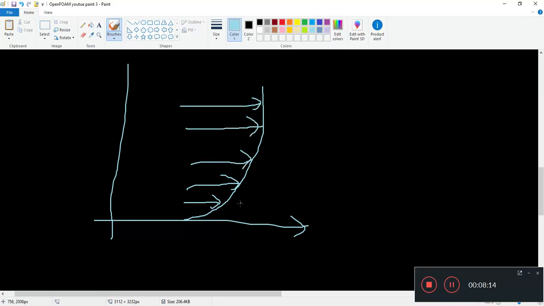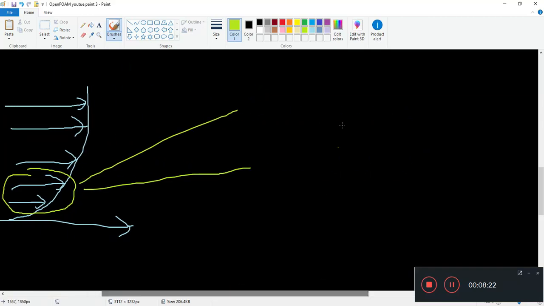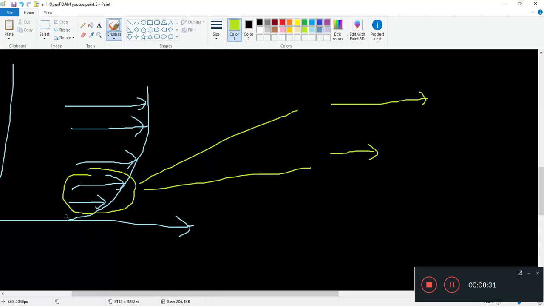If we take a look at these two layers and blow it up, what you have is a layer with higher velocity and a layer with lower velocity. This is near the wall, near the boundary layer.